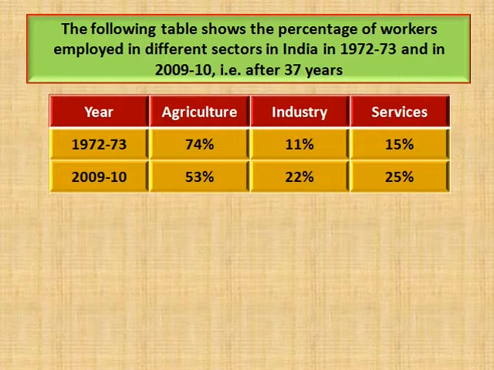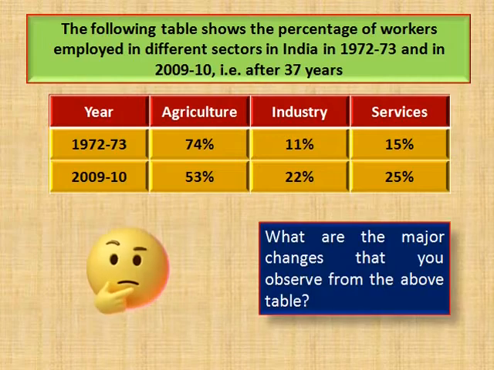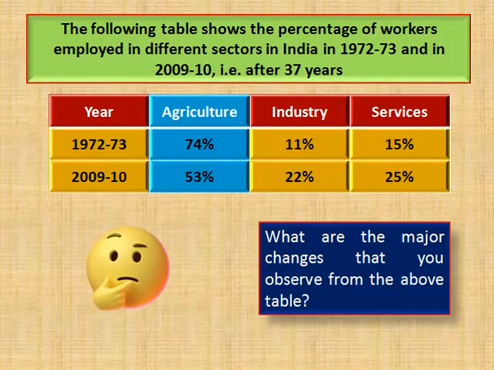Year 2009 to 2010: agriculture 53%, industry 22%, services 25%. What are the major changes that you observe from the above table? The above table shows the decline of agriculture's share in employment.